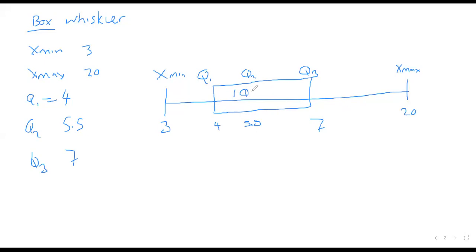Our interquartile range was 3. So this box whisker diagram can help us to find the outlier. We multiply 1.5 times the interquartile range. 1.5 is part of the formula. So the interquartile range, you multiply the 1.5 to that one here. 1.5 times 3, what do we get? 4.5.